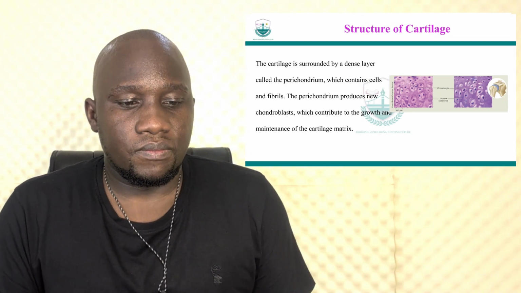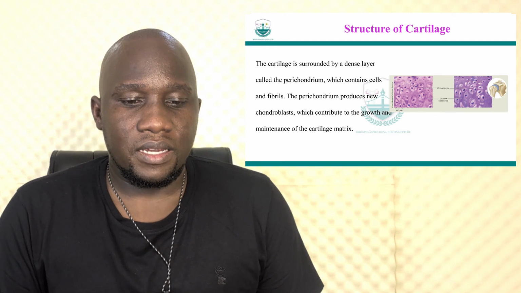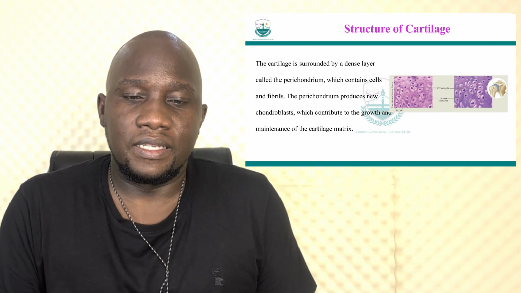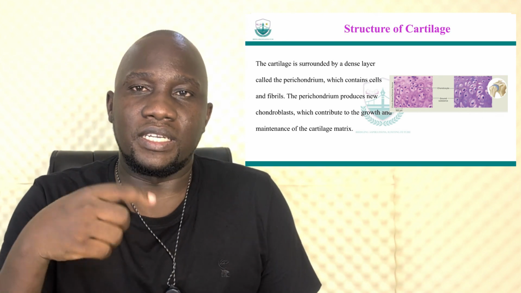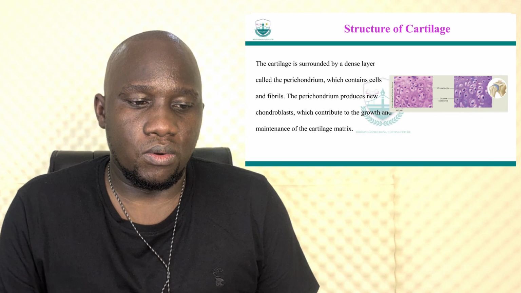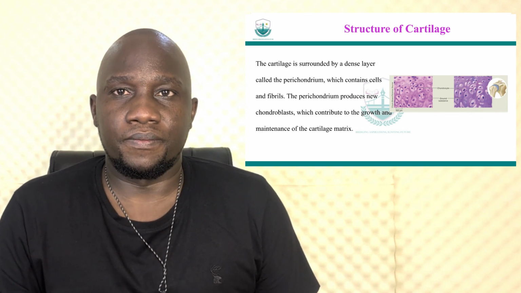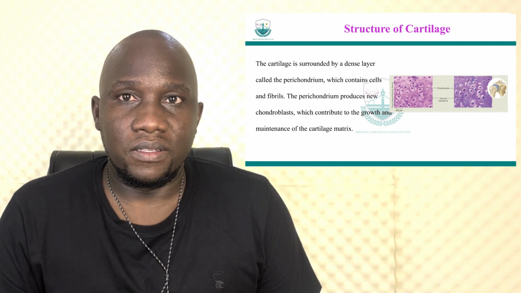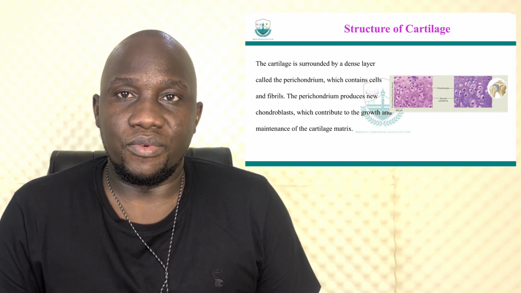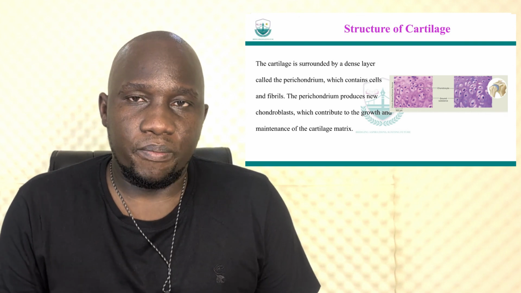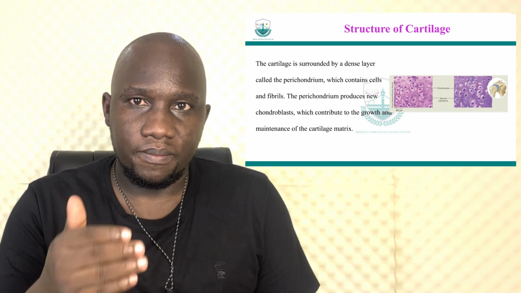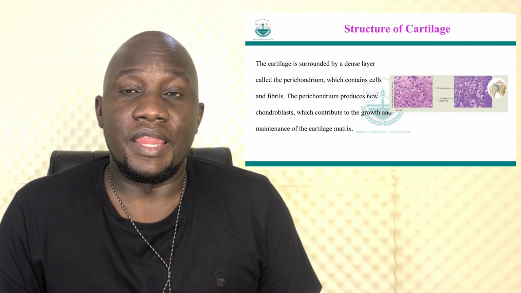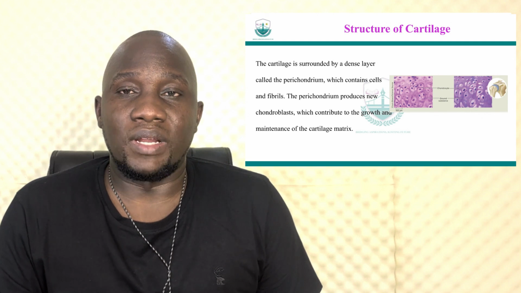So cartilage is surrounded by a dense layer. The outer layer of the cartilage is what you call the perichondrium. In there you have cells and the fibrils. That outer covering produces the new chondroblasts.